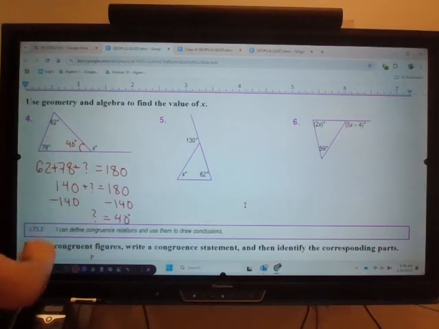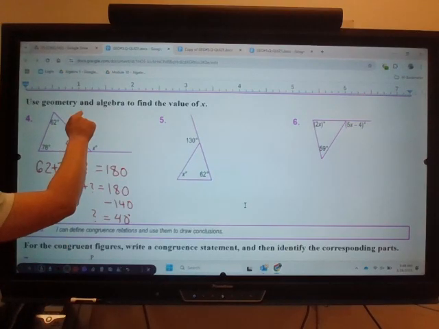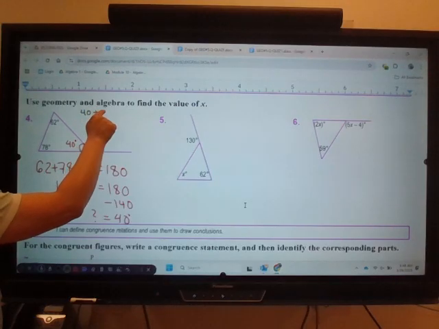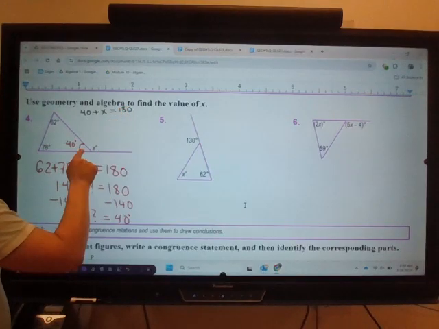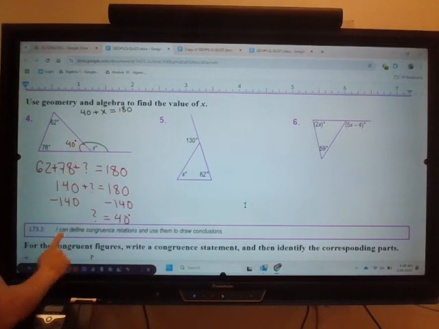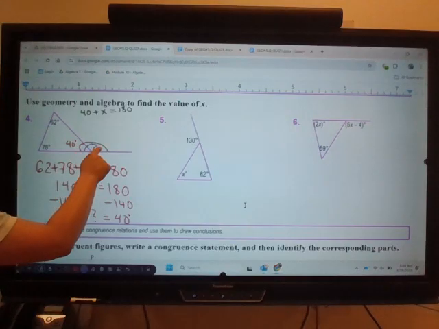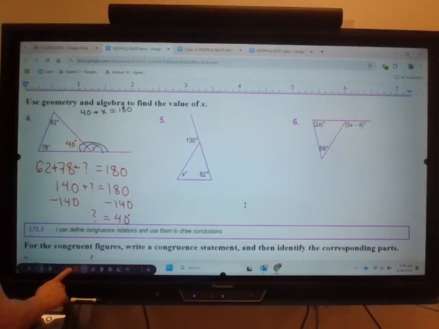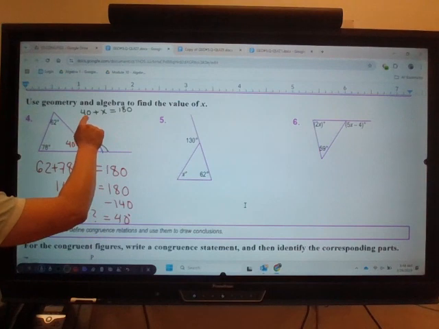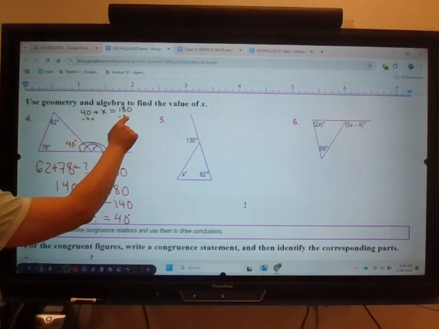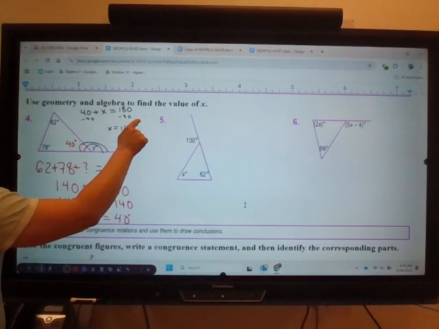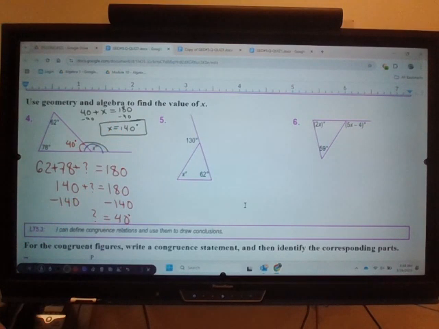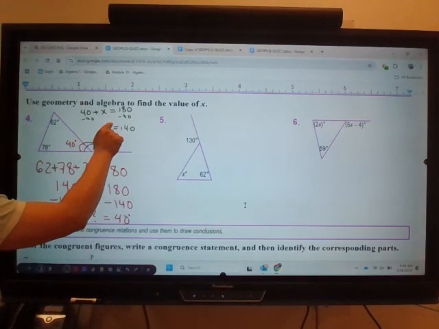Last part, to figure out x, we need to set up another algebraic equation. 40 plus x equals 180, because 40 plus x will equal this whole straight angle there. Subtract 40 from both sides. X is equal to 140. Whoops. X degrees is equal to 140.